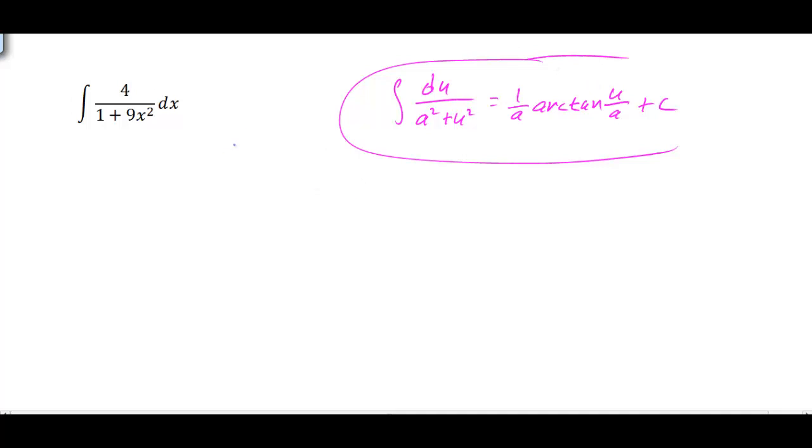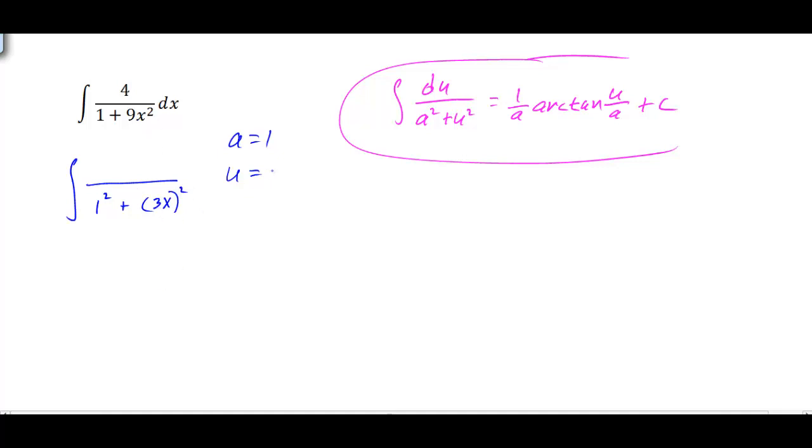So looking at this, we're going to say let a equal 1, and then u is going to be equal to, well, we have 9x squared. So once again, we could think of this as the integral of 1 squared plus 3x quantity squared. Okay, 3x squared would be 9x squared.